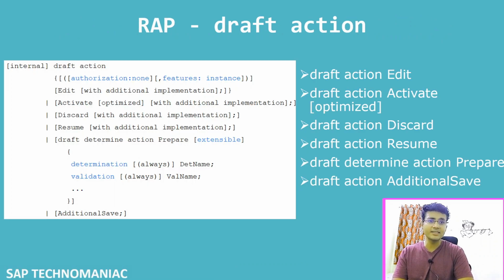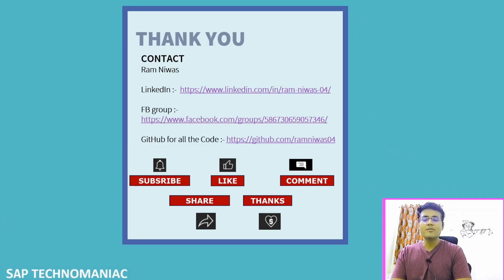Most important, there are different actions, and each and every action has a different purpose. The draft actions are edit, activate, discard, resume, prepare, or additional save. Each action has different work. We are not doing any implementation, but what it is actually doing we will understand, but not in this video. We will do this in the next video.